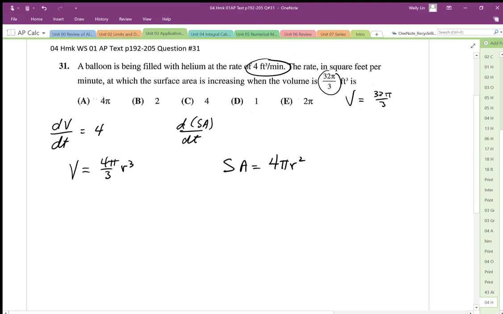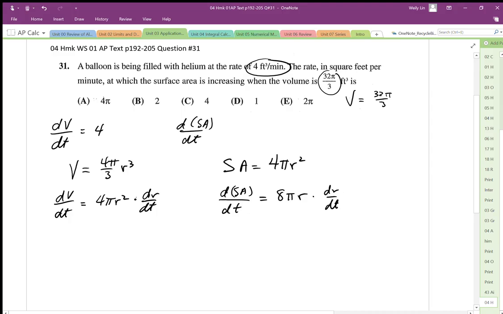So to do this then, I'm going to differentiate with respect to time. So I end up with 4 pi r squared times dr/dt. And if I differentiate the surface area expression, I get dS/dt, the derivative of surface area over the change in time, is equal to 8 pi r, and then again, chain rule, dr/dt.